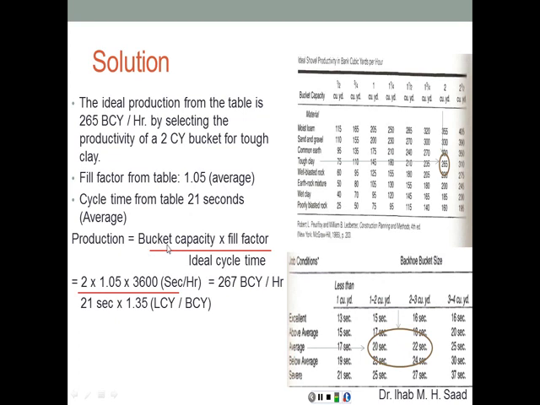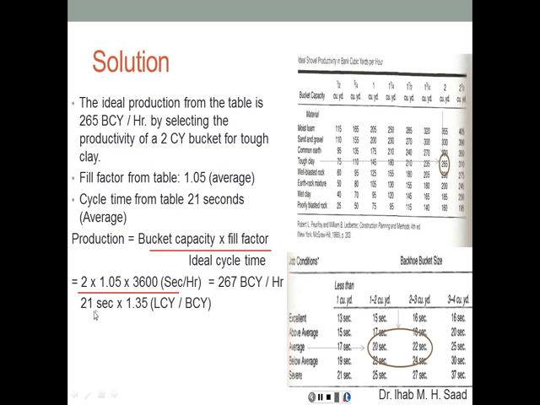Therefore, the production is going to be equal to the bucket capacity times the fill factor divided by the ideal cycle time. The bucket capacity, 2 cubic yards. The fill factor, 1.05, depending on the type of soil. And divided by the cycle time, which is 21 seconds that we obtained from here.